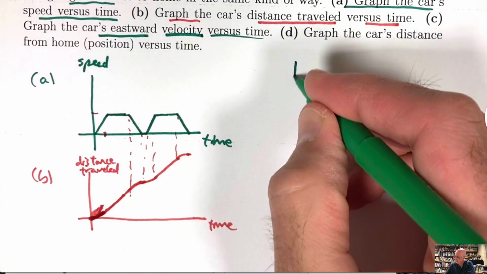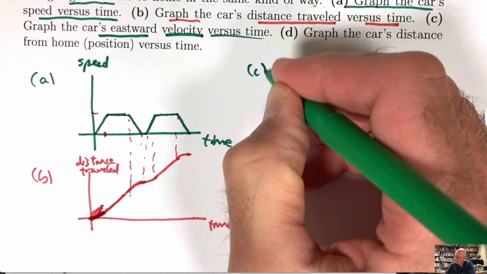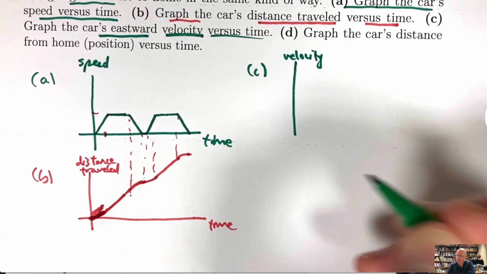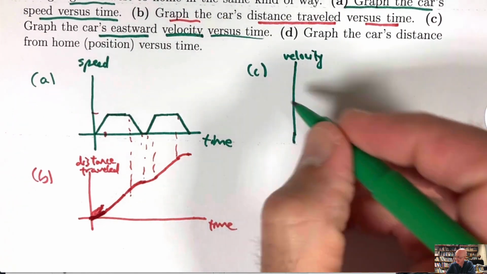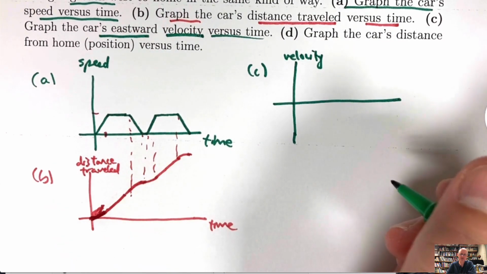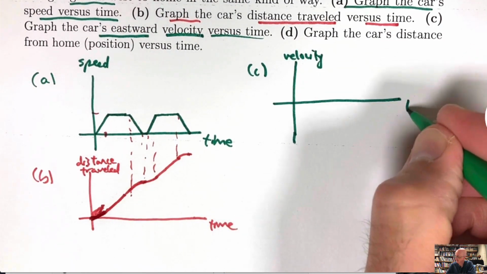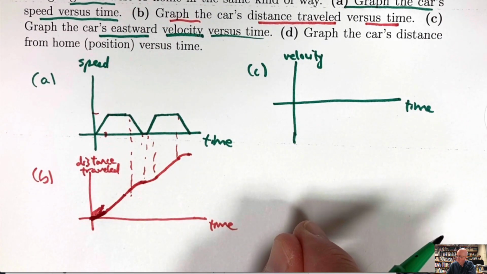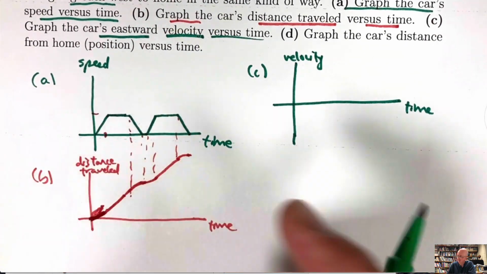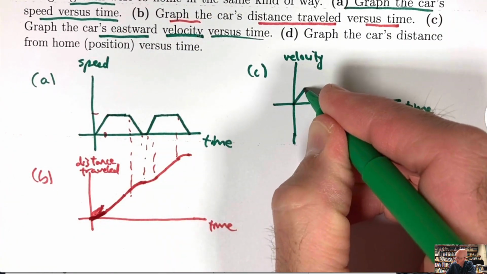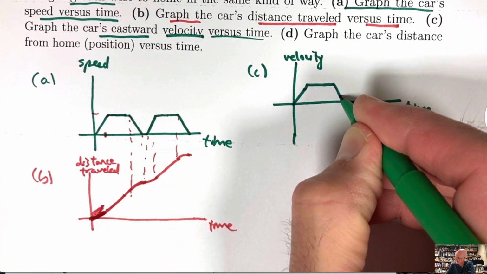All right, so if we want to make in part C here a graph of the velocity versus time, we want to allow for the velocity to be negative. The speed ultimately ends up being the absolute value of the velocity, is another way to think of this. When the car is traveling eastward, the graph of the velocity is the same as the graph of the speed. So I just copy this piece of the graph over here, essentially like this.